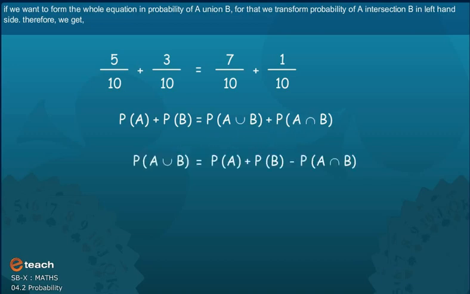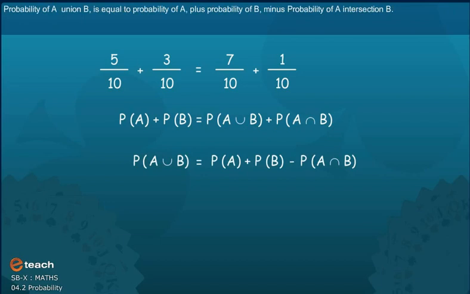Therefore, we get probability of A union B is equal to probability of A plus probability of B minus probability of A intersection B.